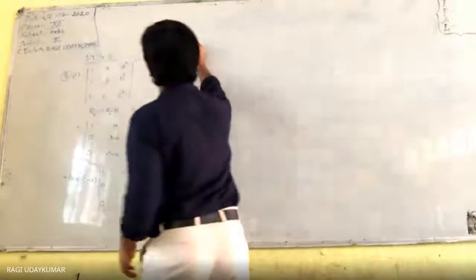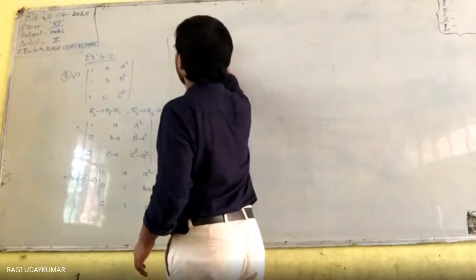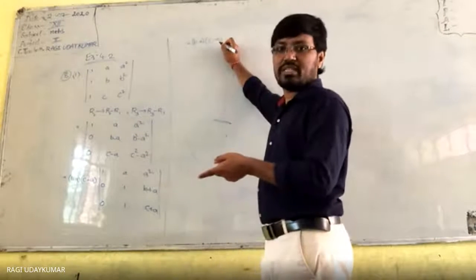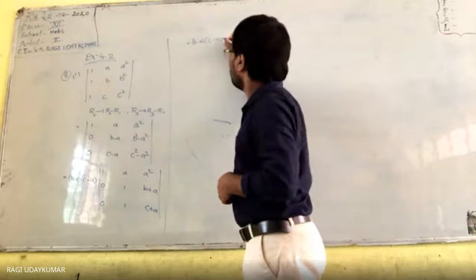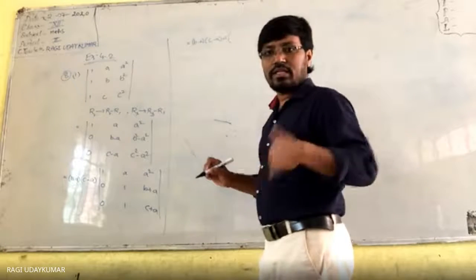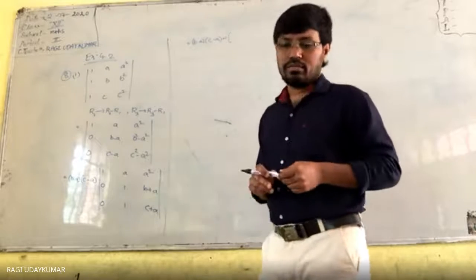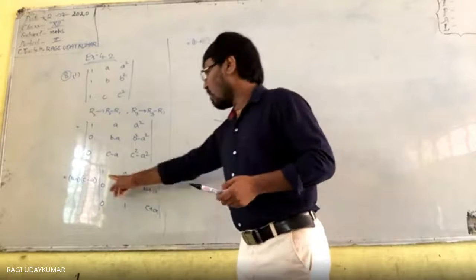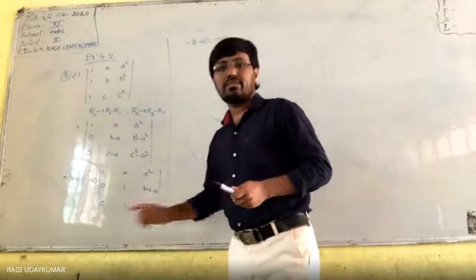So what do you get here, which is equal to b minus a into c minus a into, expanding through the first column, 1 into c plus a minus b plus a.